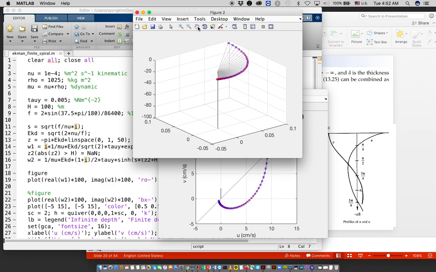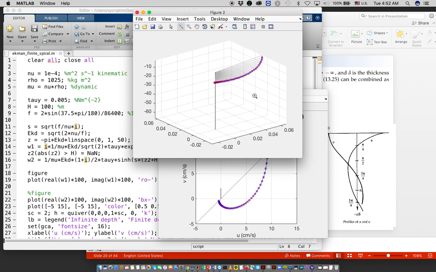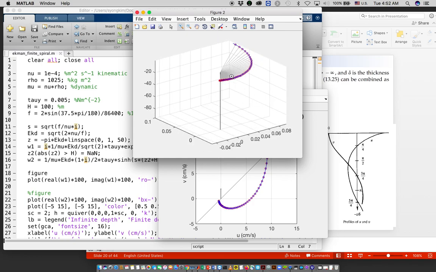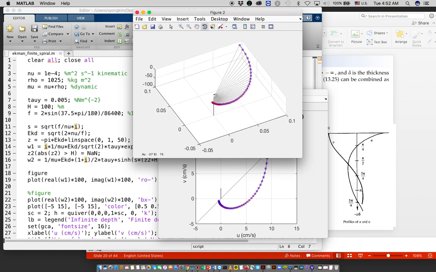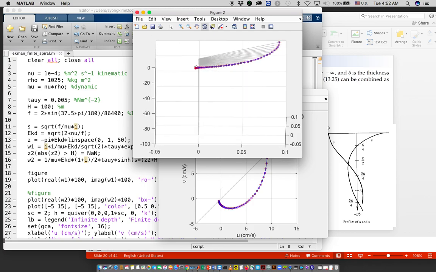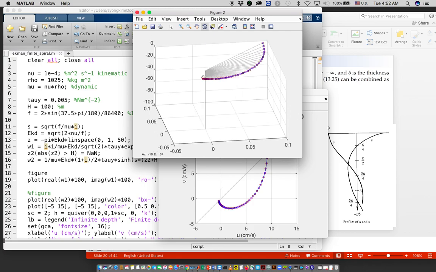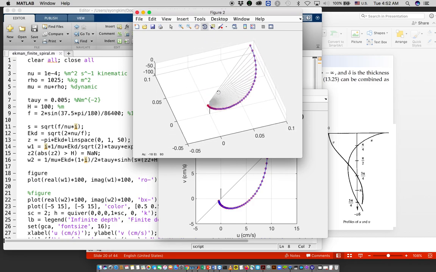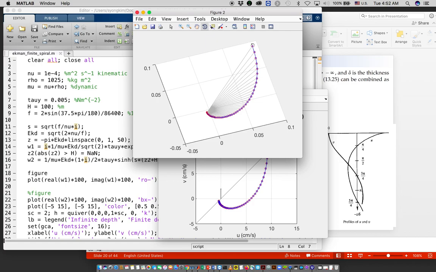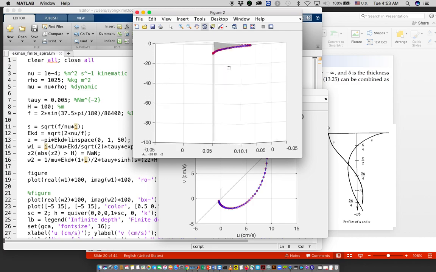So if you look at the spiral, right, from top view, side view, the reason that we only plot it up to the Ekman depth, which is 180 degrees opposite of the surface current, right?